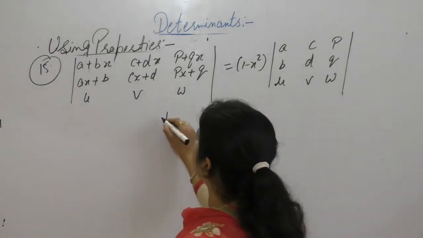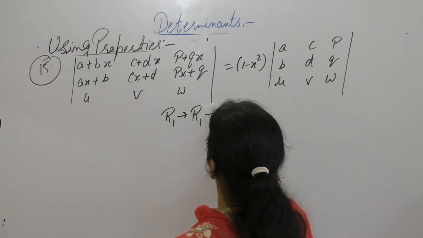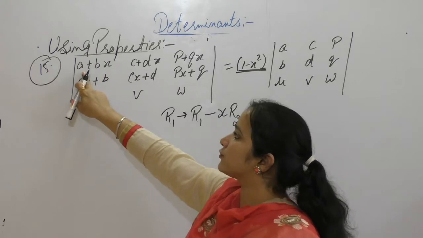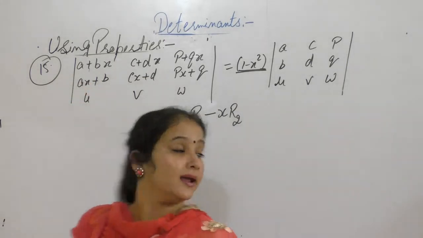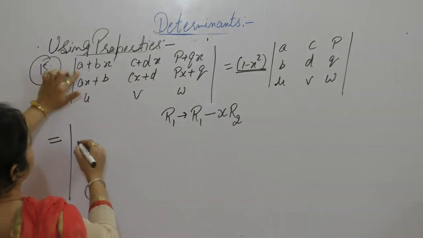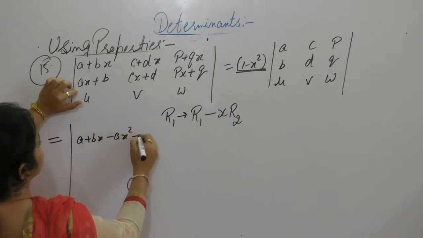Now first operate R1 as R1 minus x R2. We want the term 1 minus x square, so we will have to multiply this by x and then subtract. R1 minus x R2.